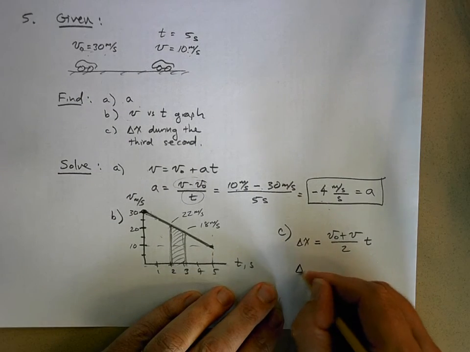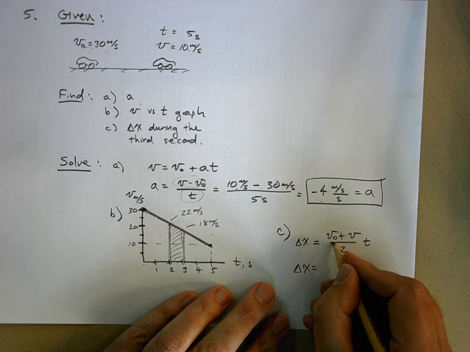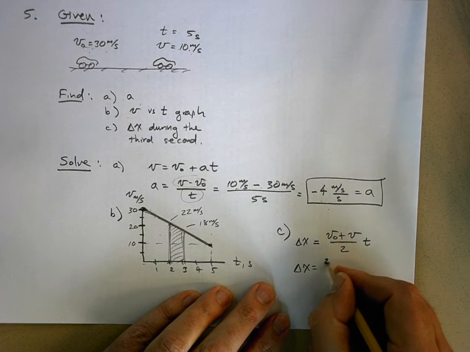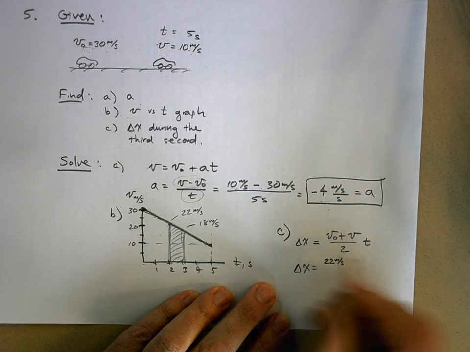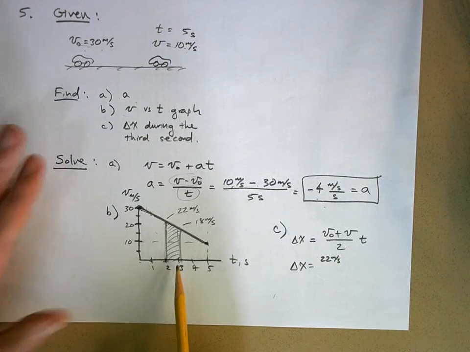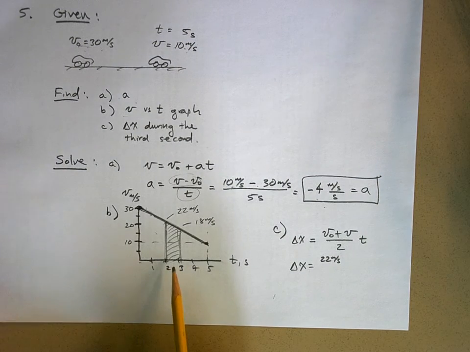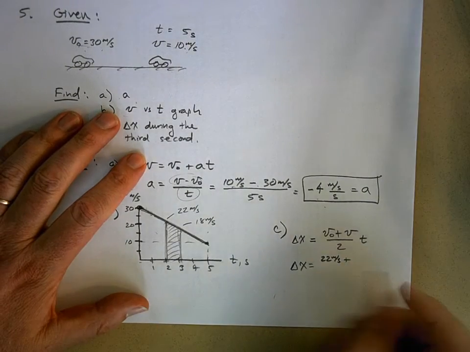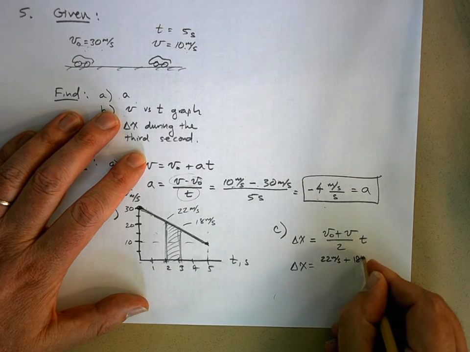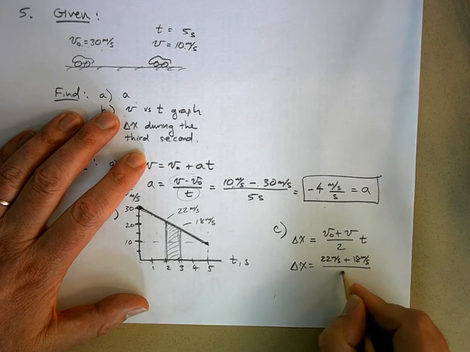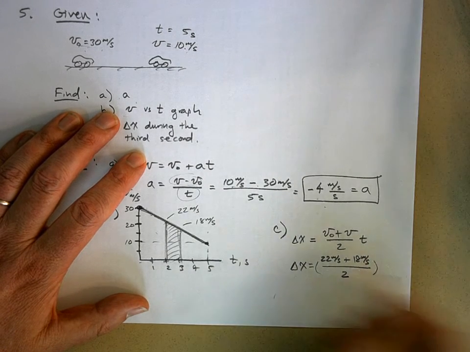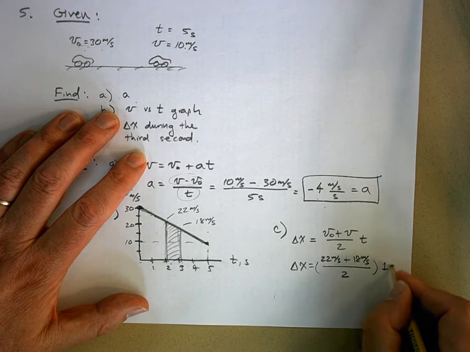And so delta x will be equal to v naught is 22 meters per second for this time interval. It's like I'm starting the watch over again. And then plus v is 18, divided by 2. And then it's just 1 second of time that went by.